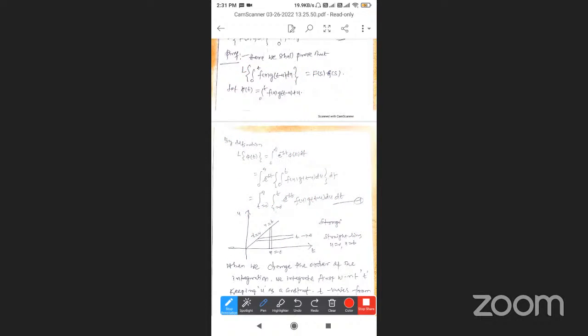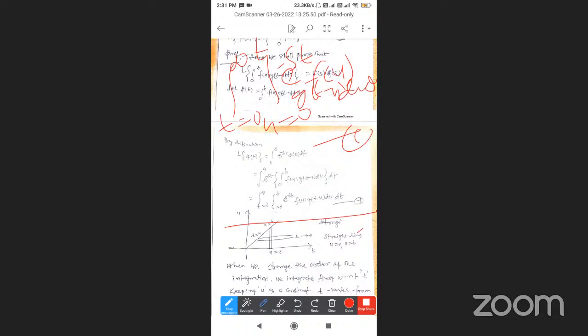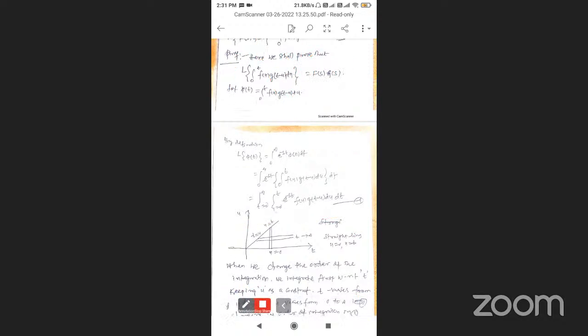So now the integration is t from 0 to infinity, and the integration u from 0 to t of e power minus st into f of u into g of t minus u, with the first integration du and then dt. This is equation 1, already shown. So it is clear, students, all of you listen.